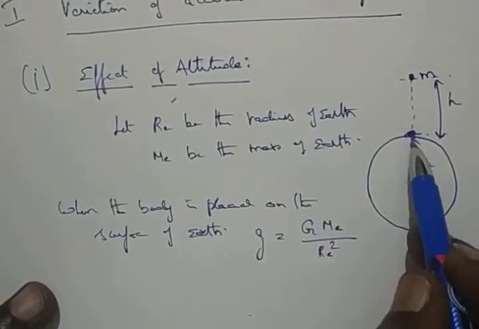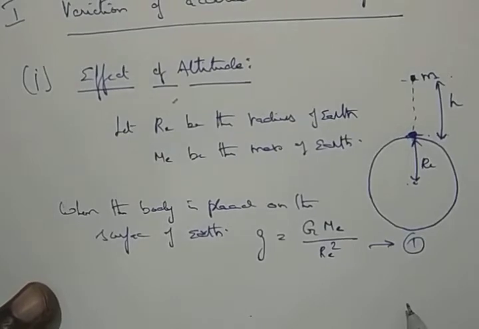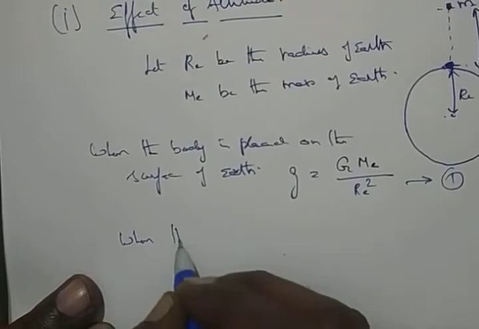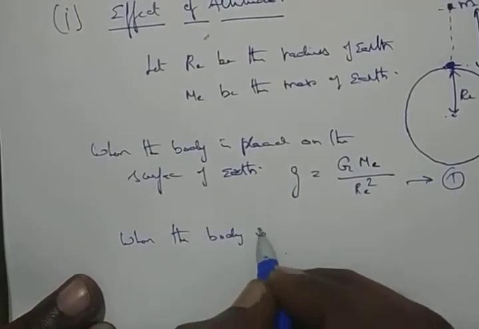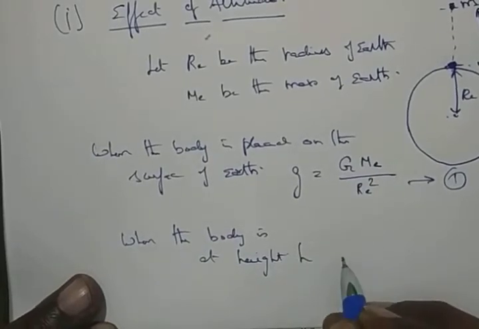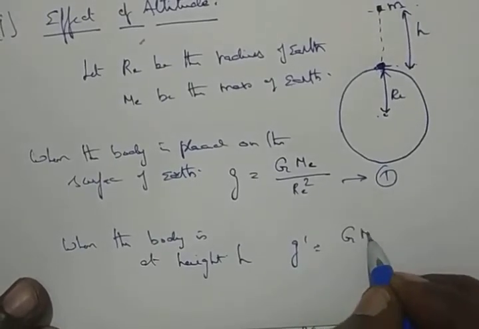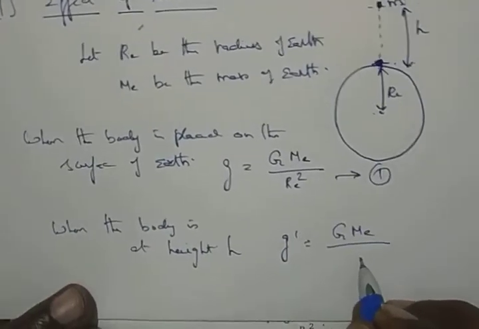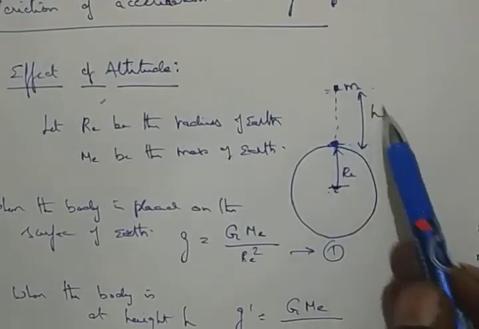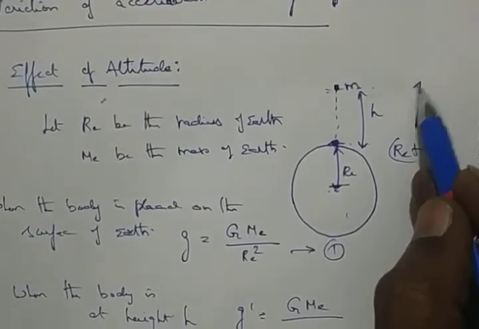This is the acceleration due to gravity at this point. So this is equation number 1. The next thing is when the body is at height h, then g dash is going to be equal to G M e upon, now look at the distance from the center to this point. What is the total distance? It is going to be equal to R e plus h. That is the total distance.